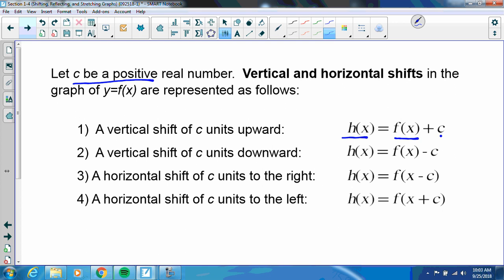Horizontal shift to the right, I subtract that c value from x, and then apply the function f to it. If I want to shift it to the left, I add that c value, and then apply that new value to f. So I'm taking x, I'm adding c, and then I do f to it.